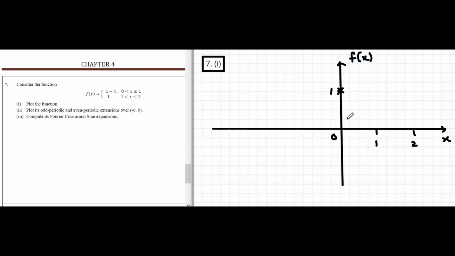When x equals 1, we get a 0. So from 0 to 1, we get this line, the 1 minus x graph. f(x) equals 1 for 1 to 2. So this is for part 1.